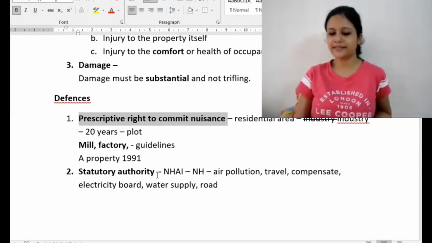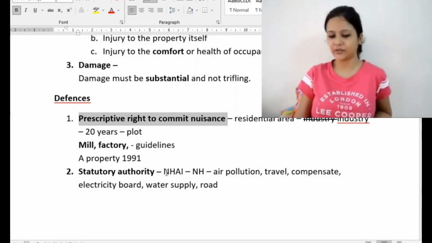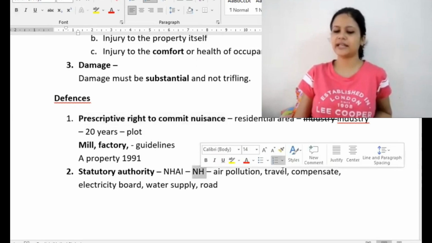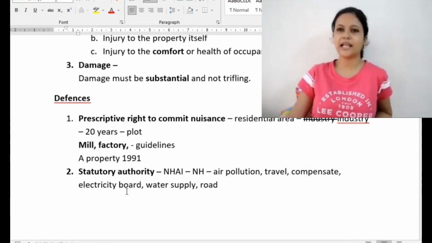Same with statutory authority, which we anyway saw in general defenses, right? Same we can discuss here also, that if there is a statutory authority which is getting power from a certain statute, like the National Highway Authority of India, if they are constructing a highway and it is causing air pollution, causing disturbance in your travel, in such cases we cannot say that this National Highway Authority should stop its work, because construction of a national highway is important.